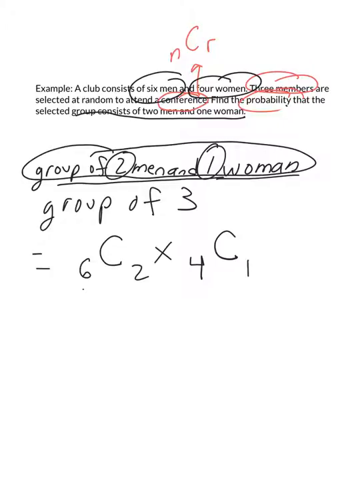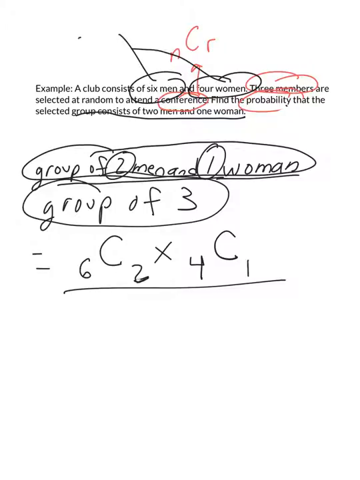So I put the 6 before the 2, and the 4 before the 1 in that calculator. Divided by the grand total. The grand total was just any group of 3. How many total people were there? Well, 6 men plus 4 women, there were originally 10 total people. So there's 10 total people, and I'm choosing 3.